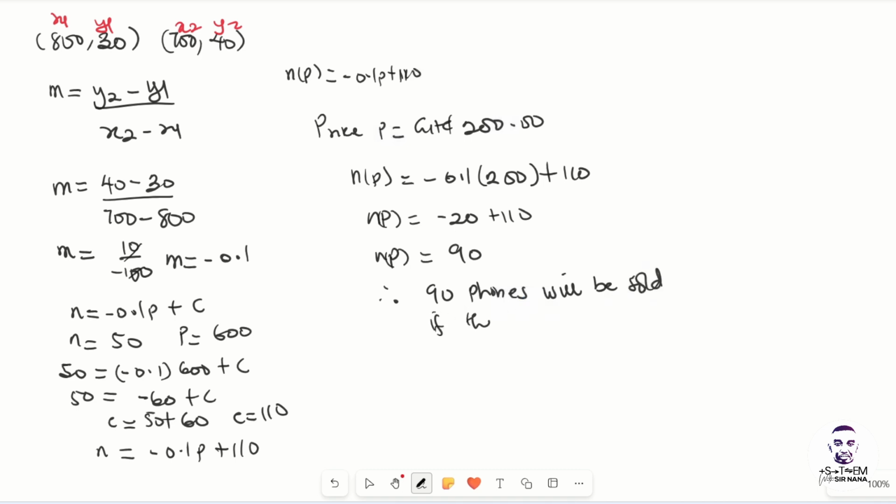if the price is reduced to 200 Ghana cedis. This question shows a real-world way we can approach linear functions, or how we can model our businesses using linear functions.